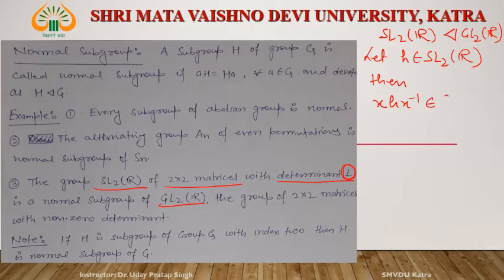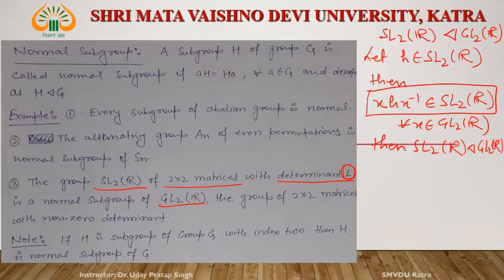If we prove that this type of element is in SL2R for all X belonging to GL2R, then SL2R is a normal subgroup of GL2R, right? But how do we prove that this element belongs to this?